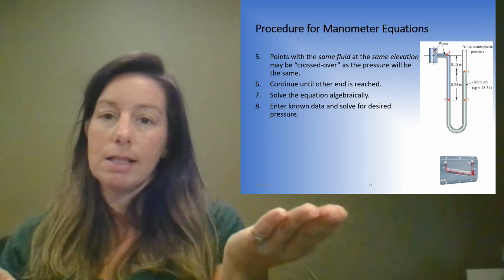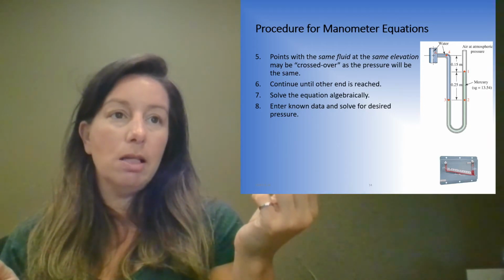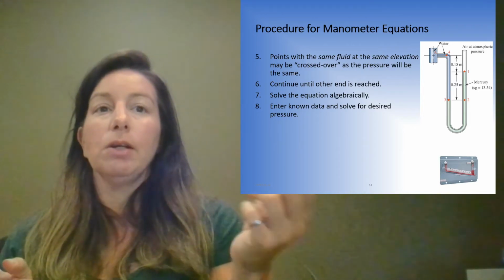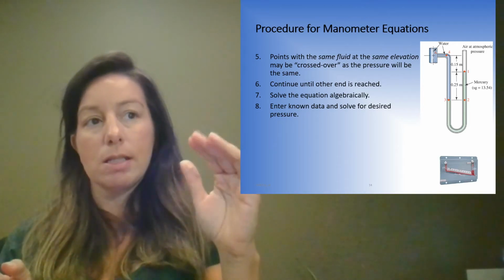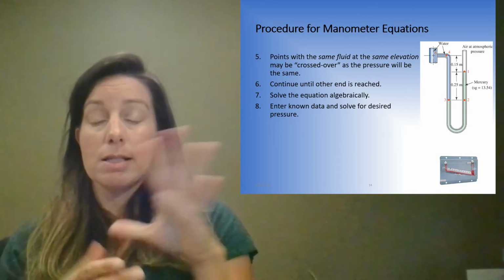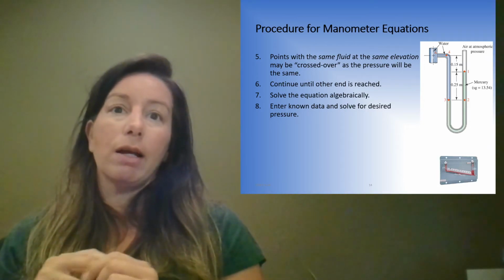So as long as they're at the same elevation, points 2 and 3 in this case will be the same. And you continue, it's a step process. You start at one point, you move along, and you continue until you get to point A, in this case, the point that you care about for the pressure, or whatever you're looking at.